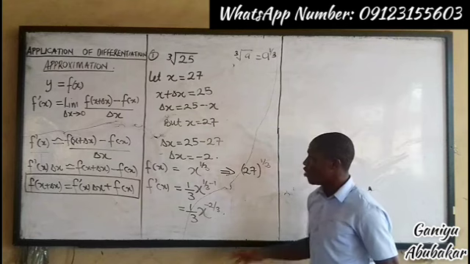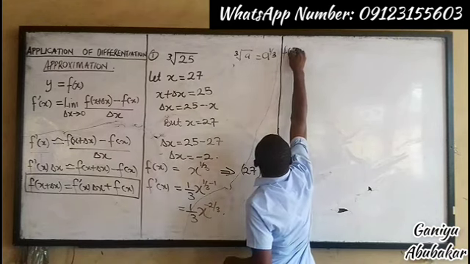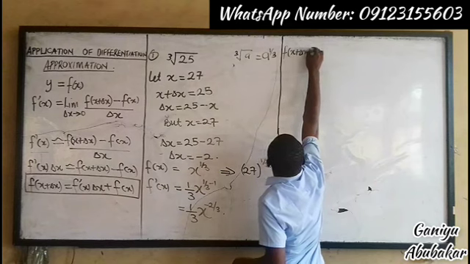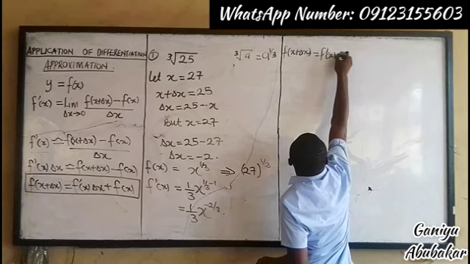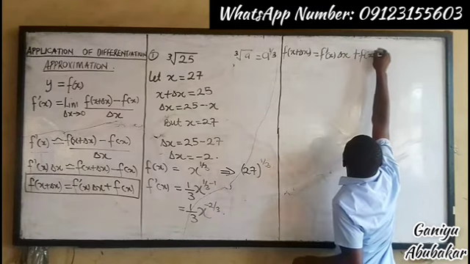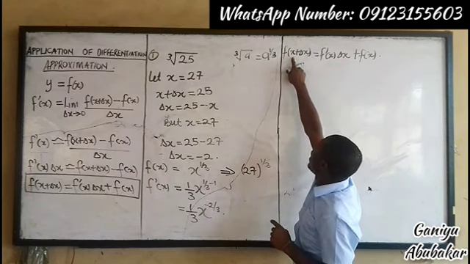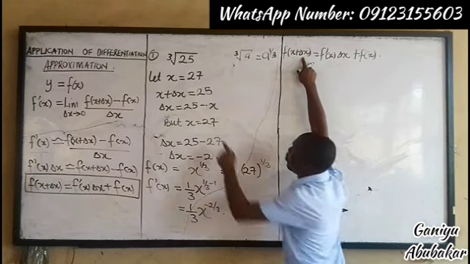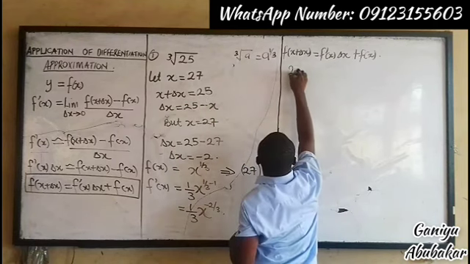Alright, from here, recall that we said f of x plus change in x is equal to f prime of x times change in x plus f of x. Listen, look at this. F of x plus change in x is this value, 25.